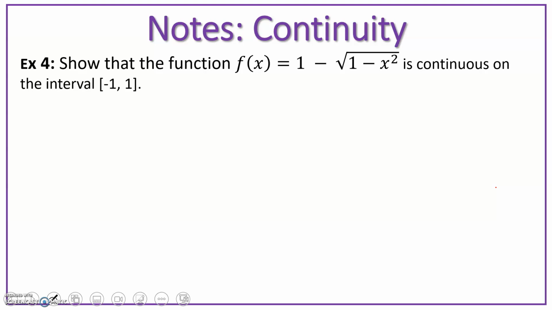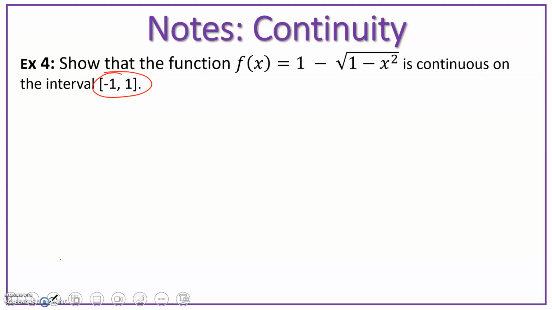First off, is it defined for every number in this interval negative 1 to 1? Well, we see here that our function is defined everywhere except for when this piece is negative. So let's kind of note that.